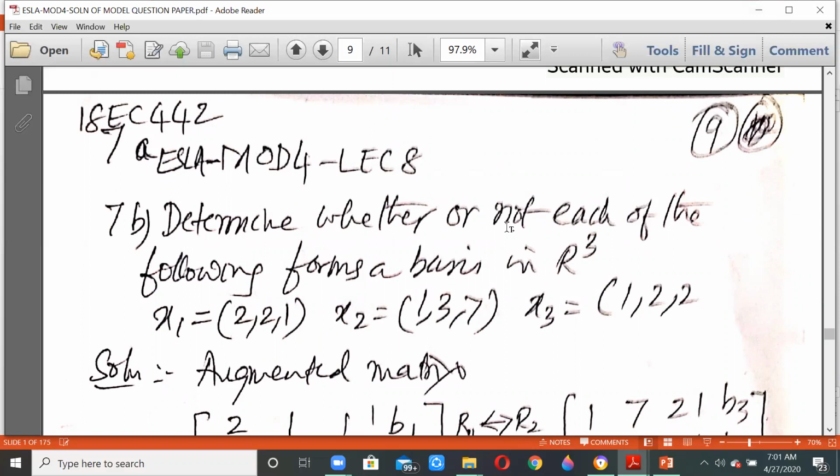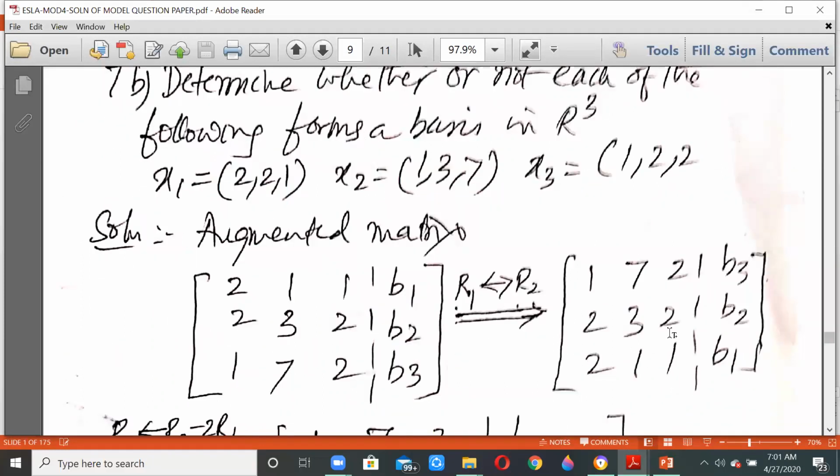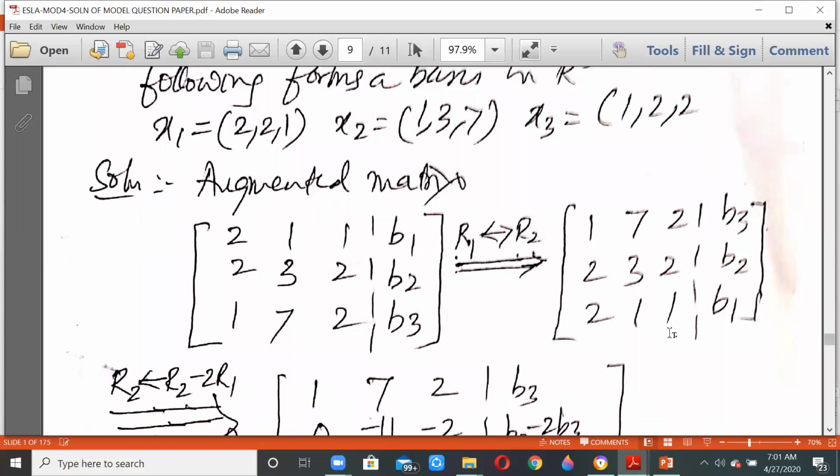Next is, determine whether or not each of the following forms a basis in R^3. So almost the same as linear independence, except that we might need to write here an augmented matrix. So (2, 1, 1), (2, 2, 1) written in the column format, (1, 3, 7), then (1, 2, 2).